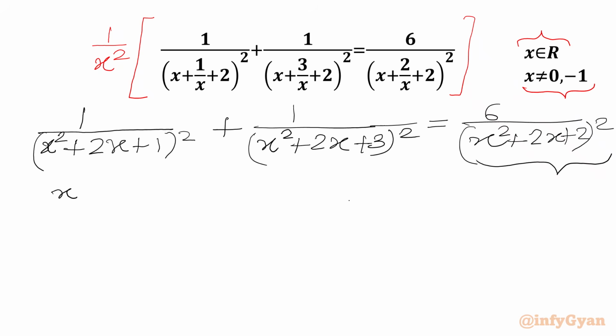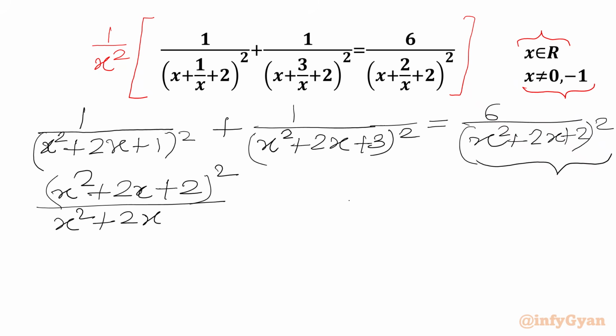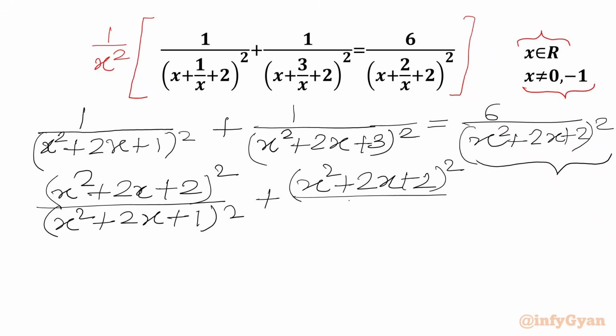So we will get x square plus 2x plus 2 whole square over x square plus 2x plus 1 whole square plus x square plus 2x plus 2 whole square over x square plus 2x plus 3 whole square equal to 6.